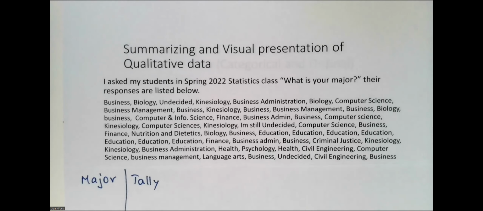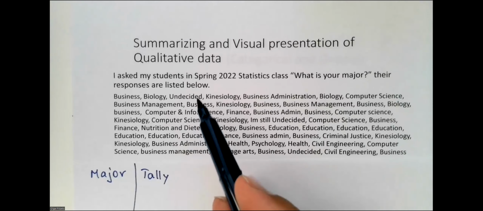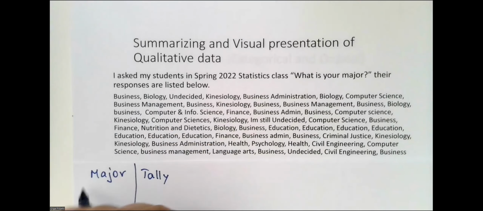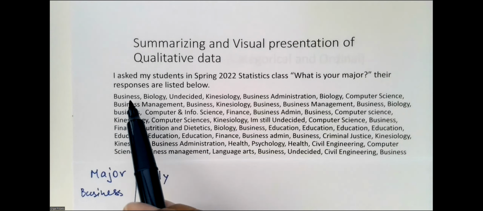So here we are. And what I'm gonna do, I'm gonna list each major as I come across. So for example, the first one is business. So I'm gonna write this down and put a tally once I come across this major.